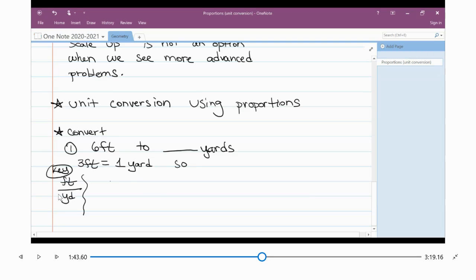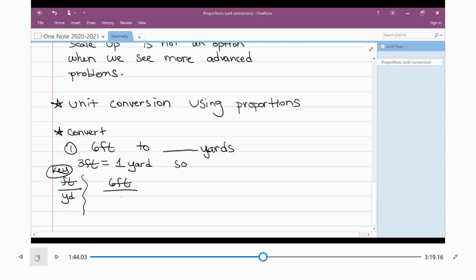What I typically do is write down the conversion, the equivalent conversion, given through whether I know it or whether it's through the reference table. And then what I do is I create a key. That is for consistency. So what I'm going to do is I'm going to decide to put feet on the top part of my proportion in both fractions, and then I'm going to put yards under.